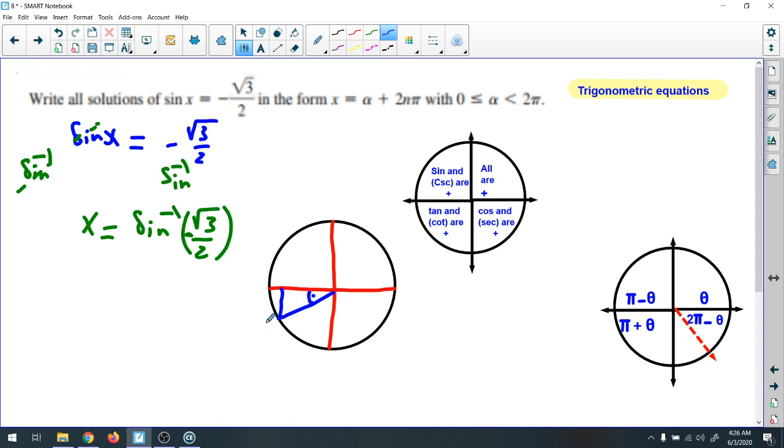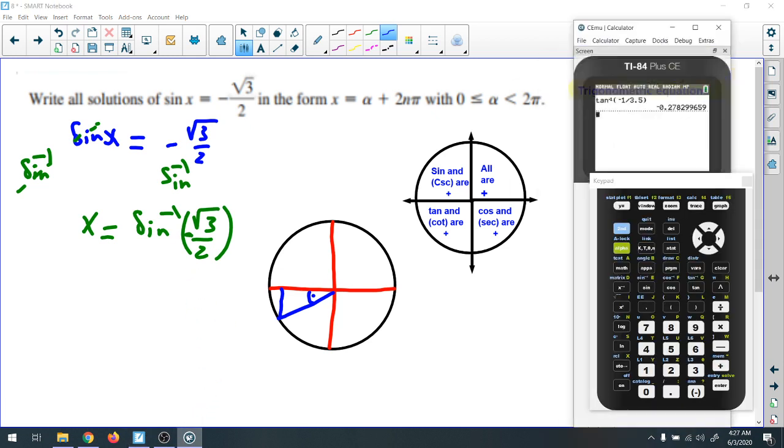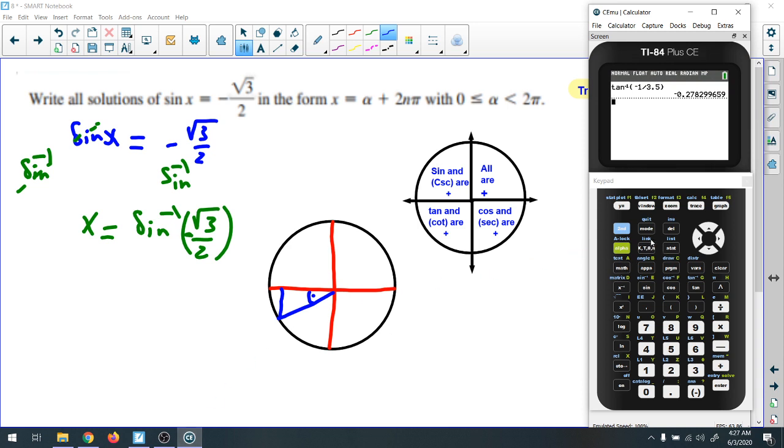If you don't know it, remember that we could bring the calculator, but I wish you remembered it. So look, calculator. Make it in degrees. Second mode and clear all before. And then arc sine, second sine, of negative square root of 3, divided by 2.